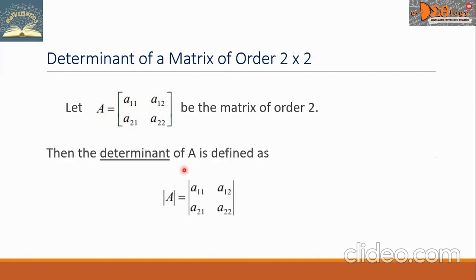Then the determinant of A is defined as, so we have this symbol and is equal to, we will take the product of the elements of the main diagonal. So we have A sub 1 1 times A sub 2 2 minus the product of the elements of the other diagonal. That is A sub 2 1 times A sub 1 2. This is our formula.